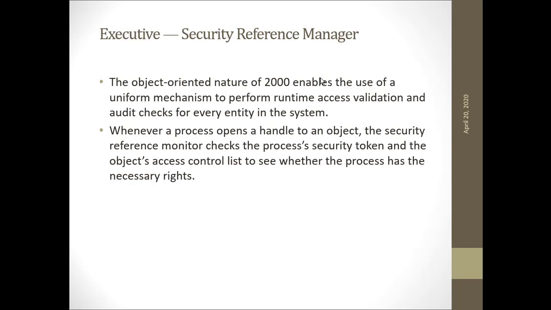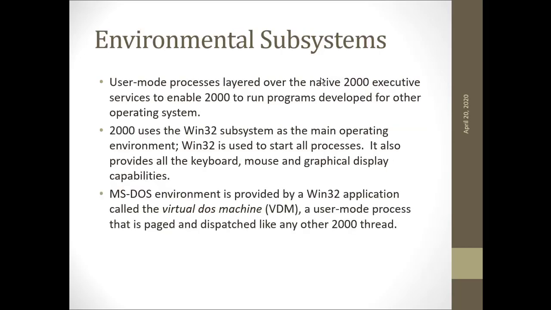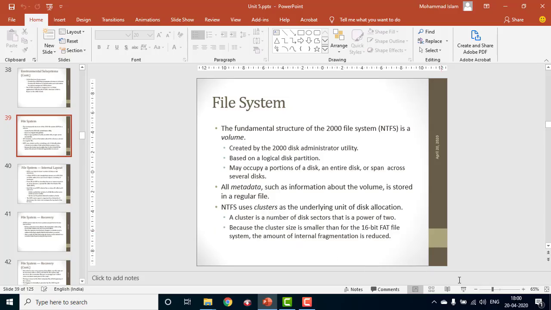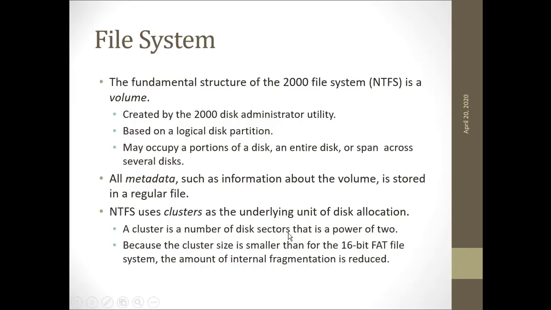If we skip this all and speak about the file systems, this is the topic of the file system under Windows 2000. The fundamental structure of the Windows 2000 file system is NTFS, that is New Technology File System, and it is different compared to FAT or FAT32.